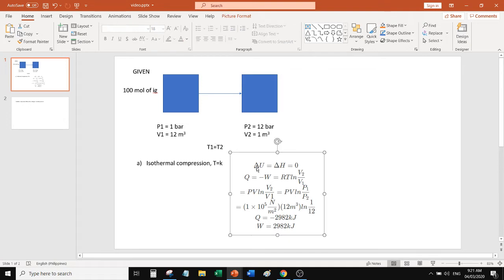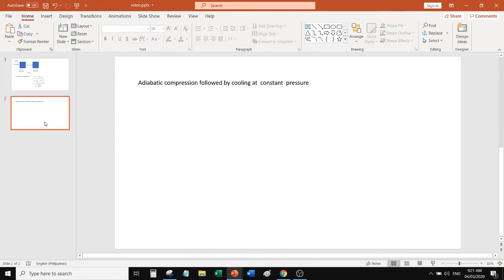Meaning, delta U equal to delta H equal to 0 would be true throughout the problem, because T is constant.